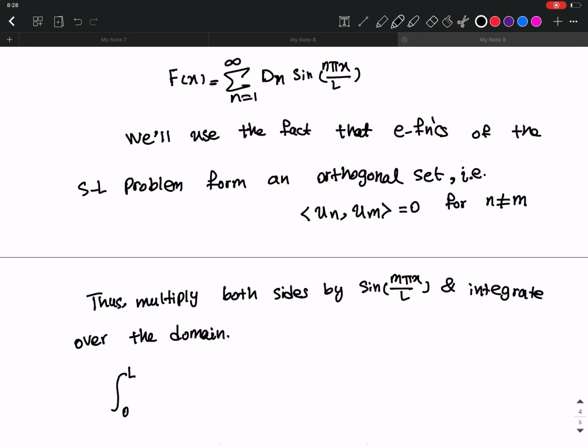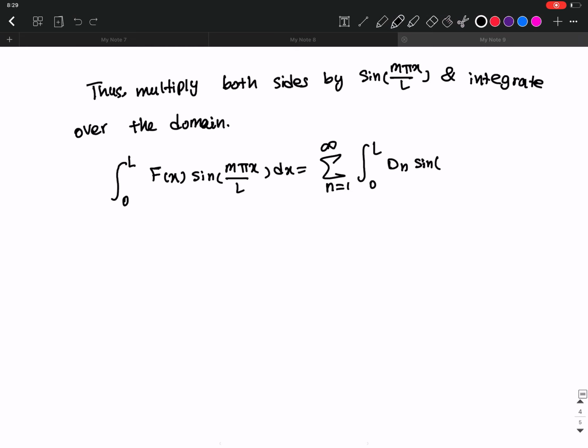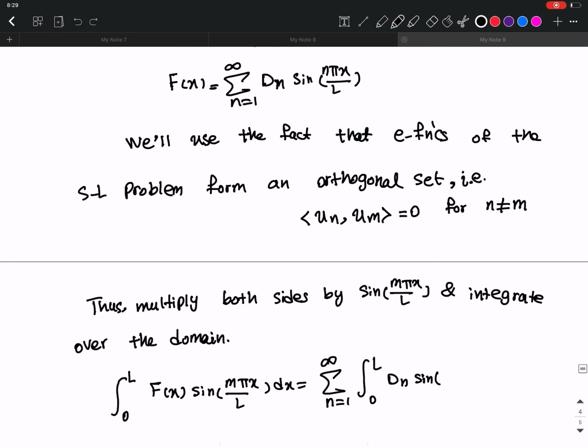So integral of 0 to L of f(x) times sine m pi x over L dx equals the sum from n equals 1 to infinity of the integral of 0 to L of dn sine, sorry, this one is n, if you see here, sine n pi x over L, times, then I multiply this by this sine.